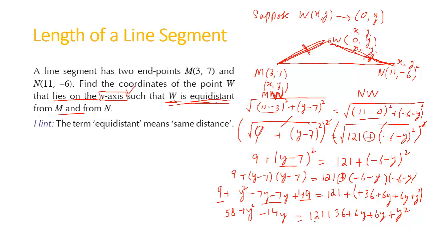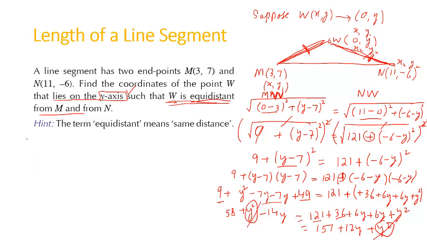Now 121 plus 36 will become 157. 6y plus 6y is 12y, plus y square. If there is the same term on both sides of the equation, they will cancel out. This y square will cancel out with this y square.